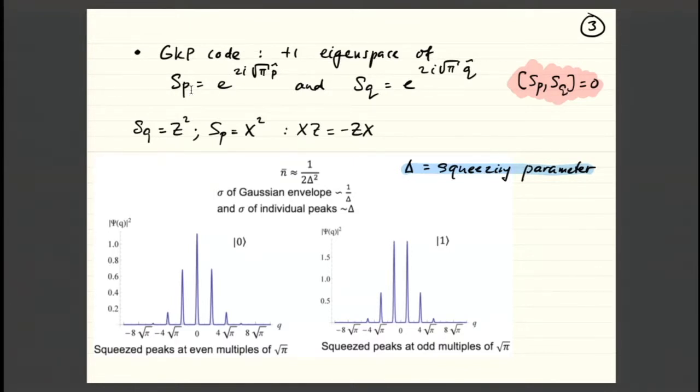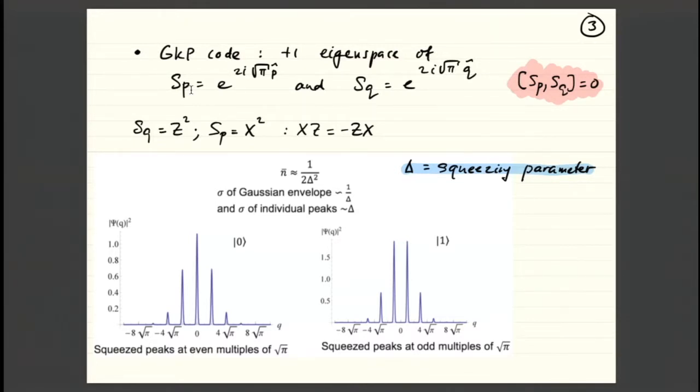That's a way of representing it, and that leads to errors. There is some parameter that I can use to quantify the quality of the states, which is called a squeezing parameter, which says to what extent I am really an eigenstate of these two unitaries.